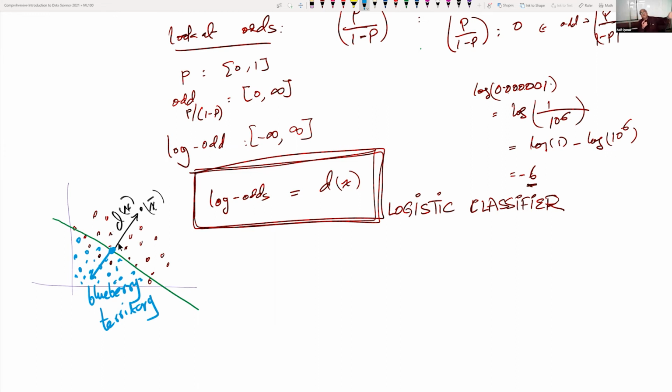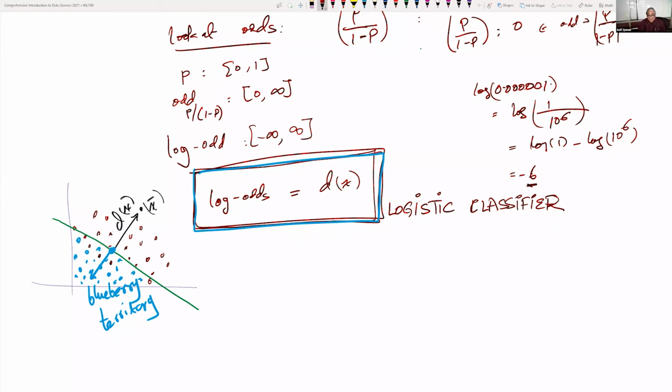But the further you go, the more you drive, the more into blueberry territory you are. If on the other hand, you drive your car in the opposite direction, the further you go, the more solidly you are in grape territory, isn't it? And so we capture it with a very simple equation. Log odds is proportional to distance, so let's make it an equality. And this is the logistic classifier.